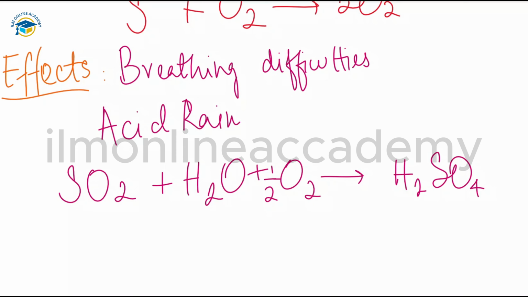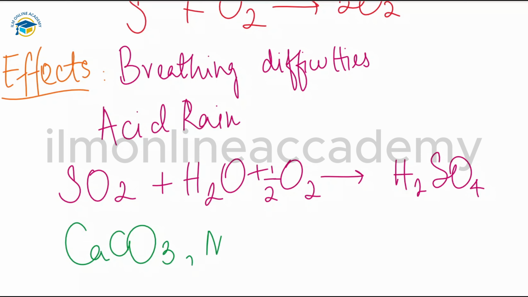Increased acidity levels in the lakes can kill the fish and other aquatic life, and many plants are extremely sensitive to pH levels. The other major effect of this acid rain is on building materials. We have buildings that are made up of, maybe you can say, calcium carbonates and also metals.